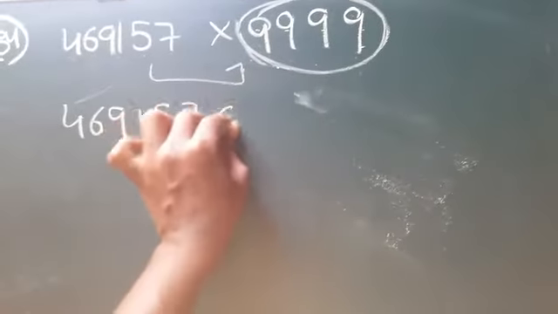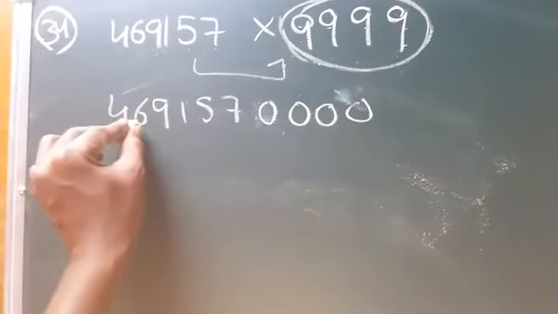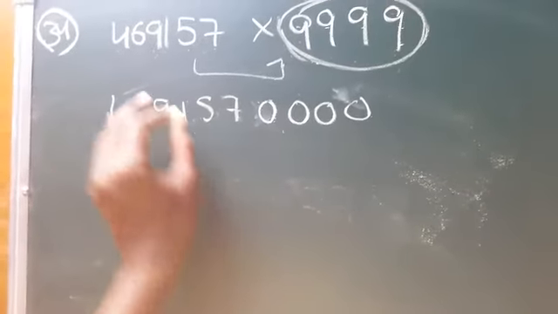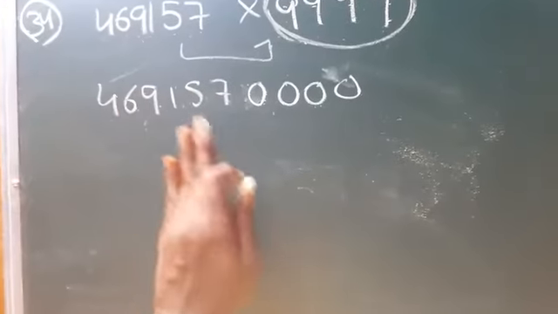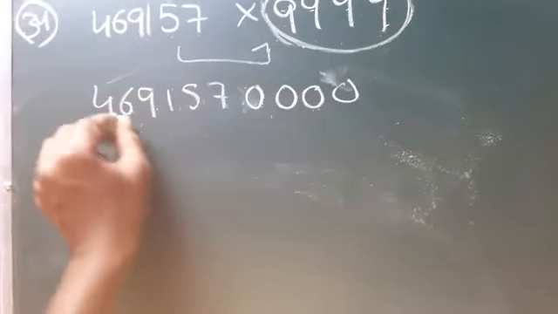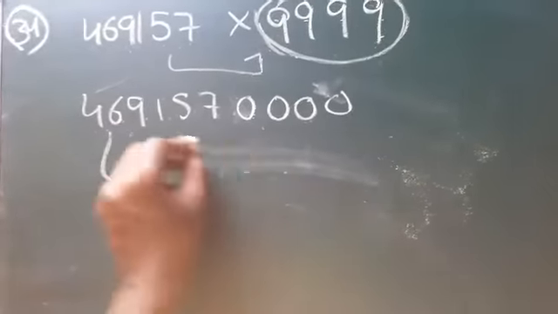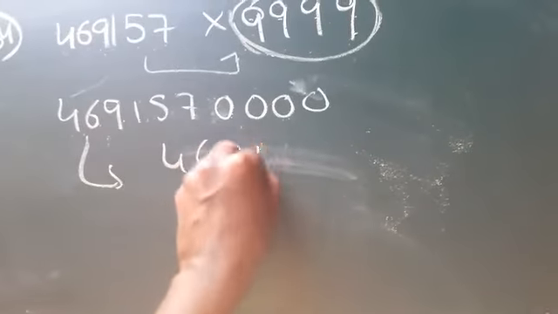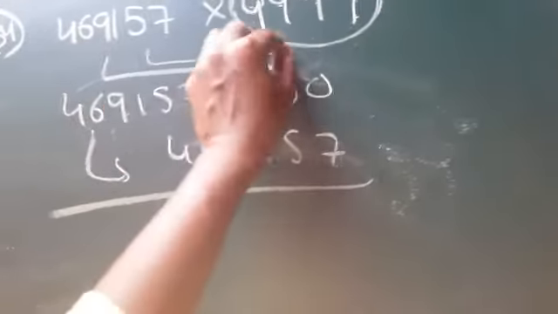So add 4 zeros to the other multiplicand, 469157. Keep it as it is and add 4 zeros to that number. After adding 4 zeros, you have to subtract the same number, 469157, from it. You will get the multiplication result of these two.